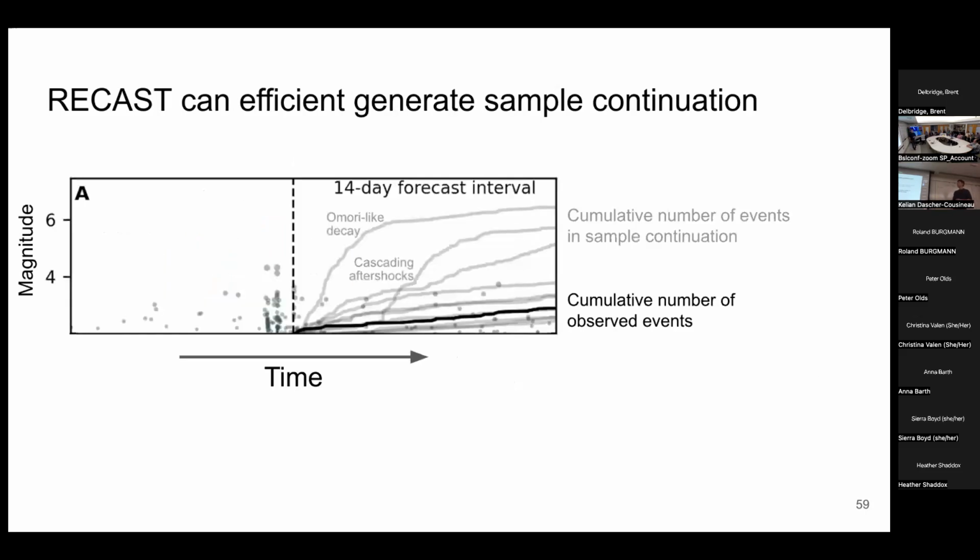So here's an example of what this might look like. So now we've filled in this 14-day interval with the cumulative number of events that was actually observed in black. Then each of these gray lines is one simulation of what could happen in the next 14 days.